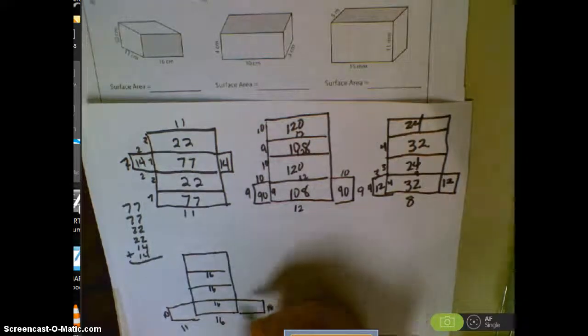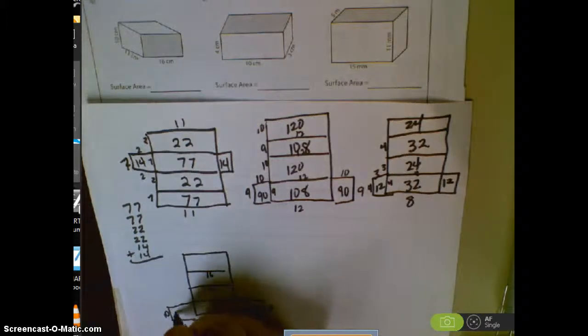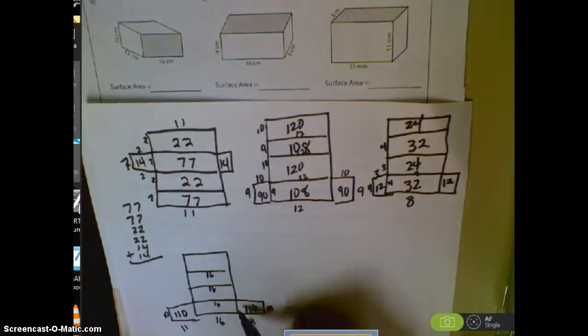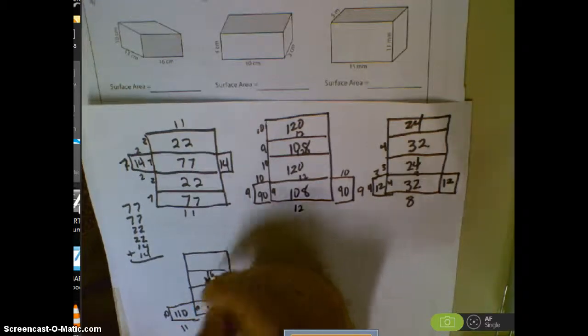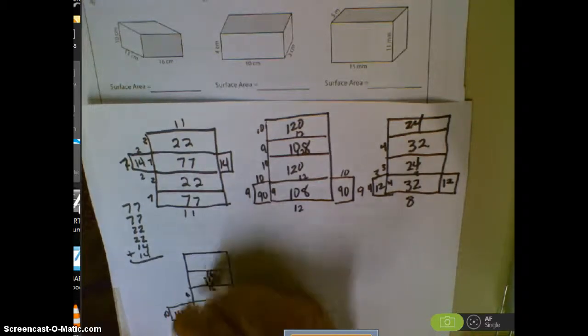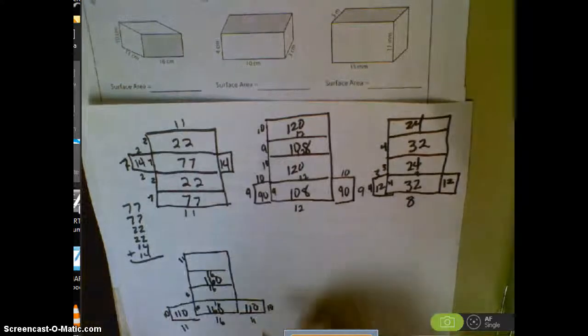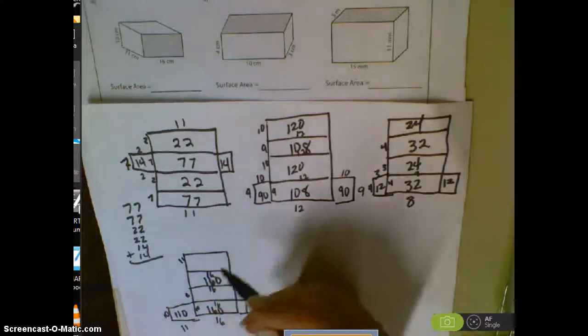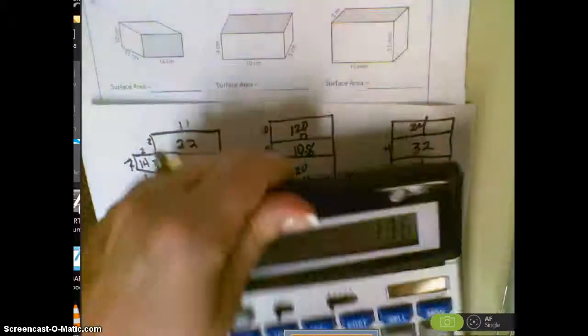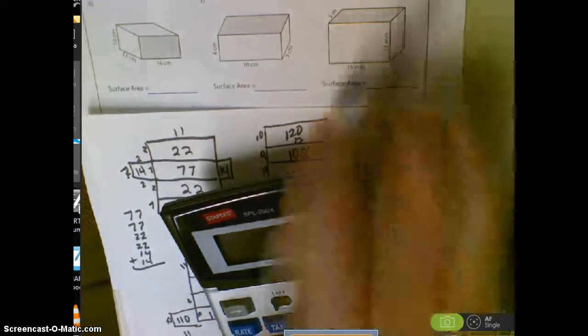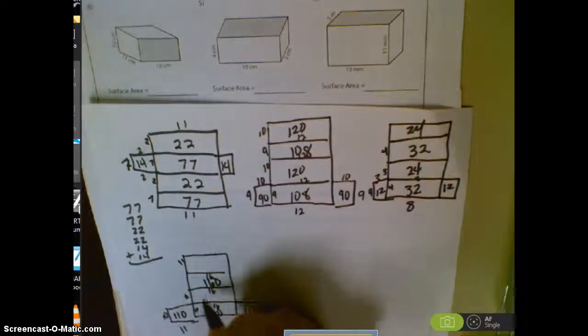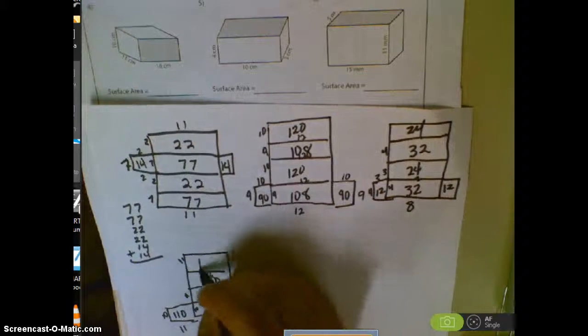11 and 10, so I can already multiply that and figure out it's 110. And this one will be 16 times 10, which will be 160, and then this will be 160. And then on these sides, these two will be the 11s. And 16 times 11, I don't know my facts that well, is going to be 176. So 176 for these two pieces.